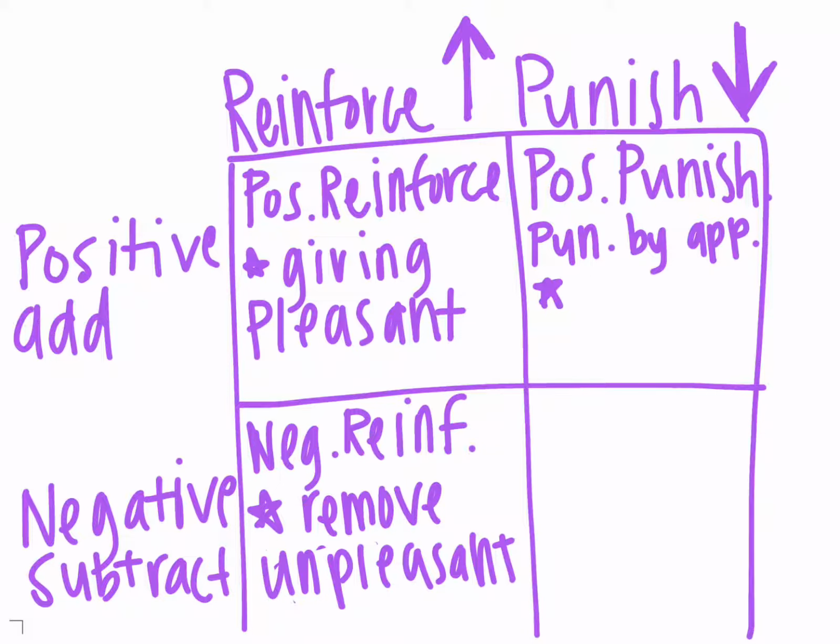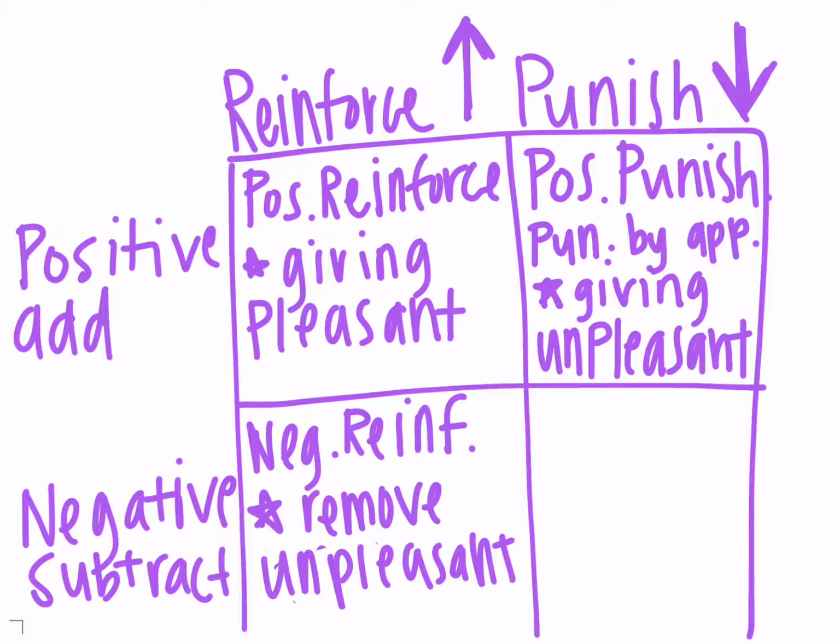So this would be giving. And if you want someone to stop doing something, you're probably going to give them something that they do not like. So you're going to give them something unpleasant. So you're going to give someone something that they do not like in hopes that they decrease that behavior.